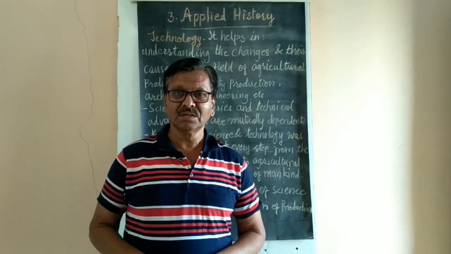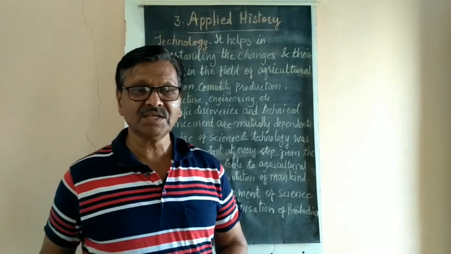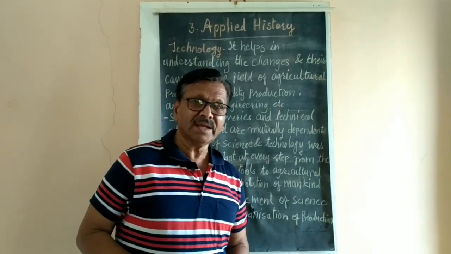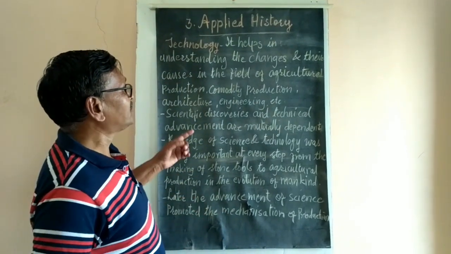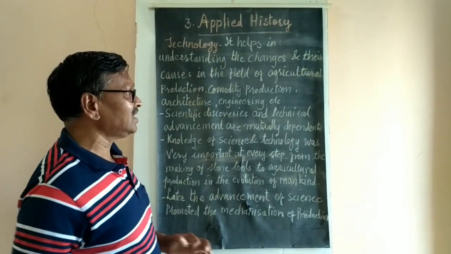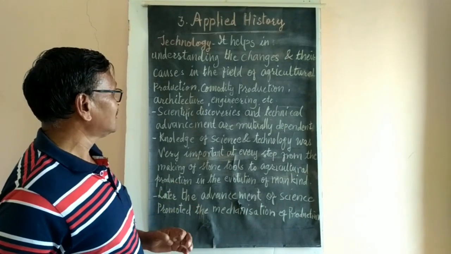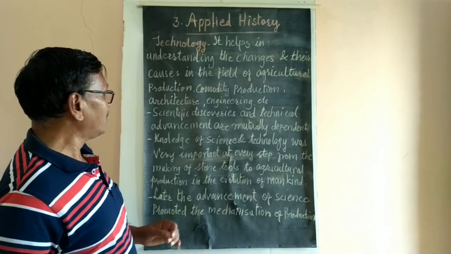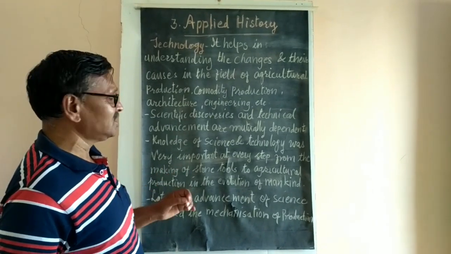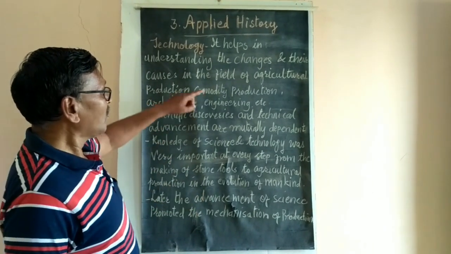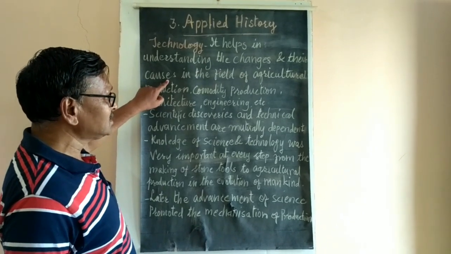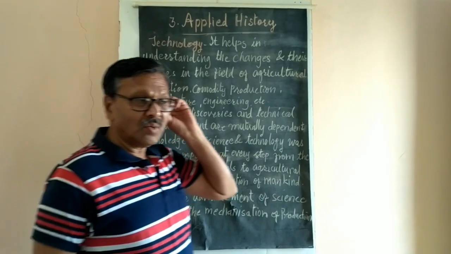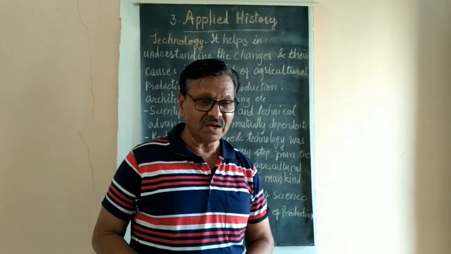Now, my dear students, we are going to see the next field, that is technology. Technology helps in understanding the changes and their causes in the field of agriculture production, commodity production, architecture, engineering, etc. So let us see what changes took place, and what were the causes, in the field of agriculture.